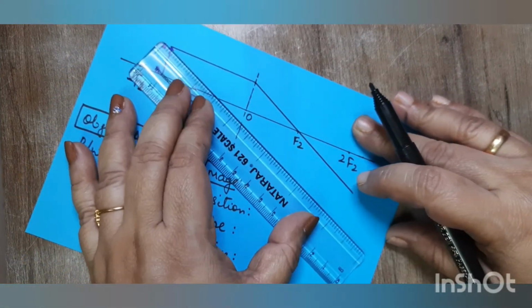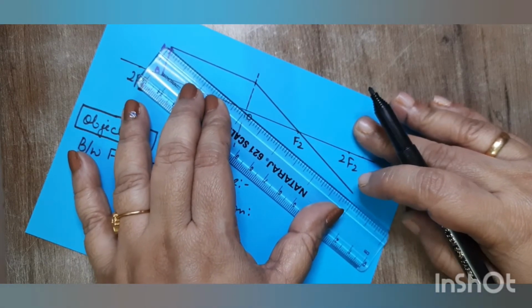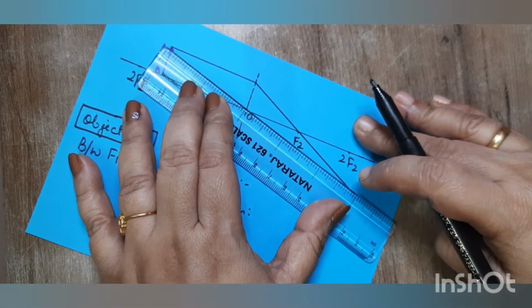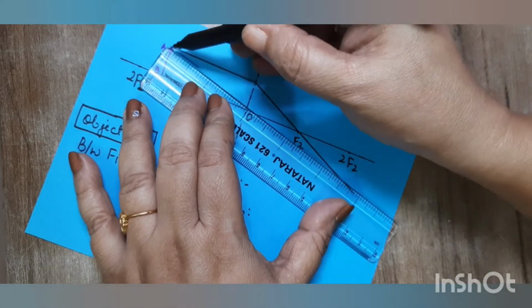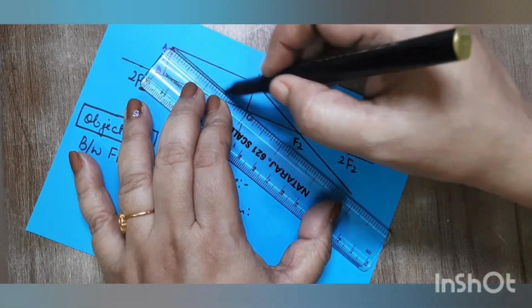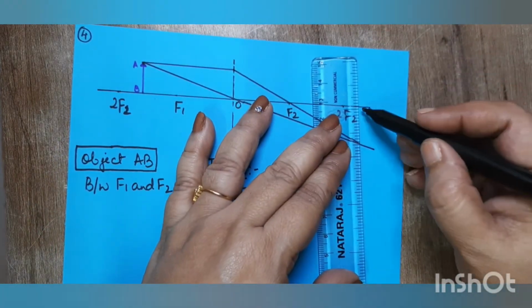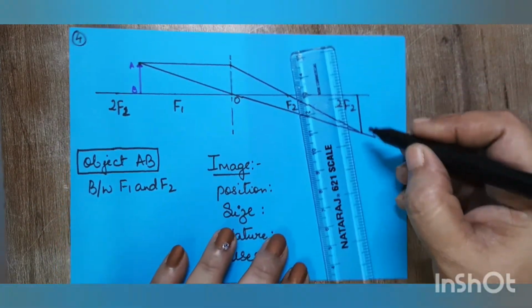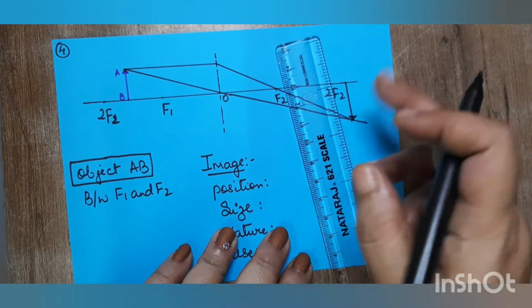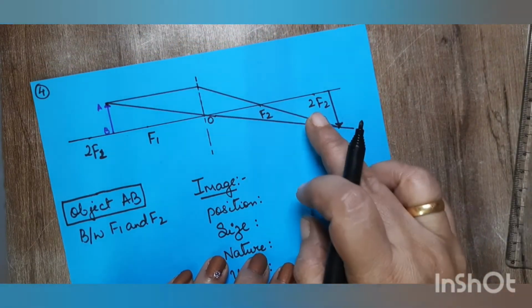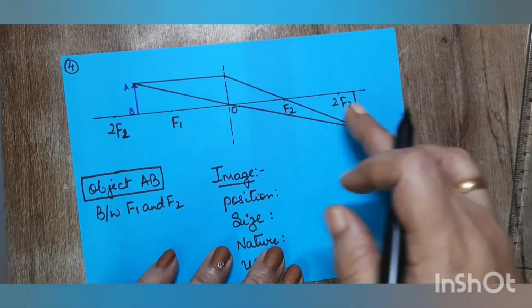Second ray, it should go through O. If they are not meeting, do extend the lines so they meet here, beyond 2F2.